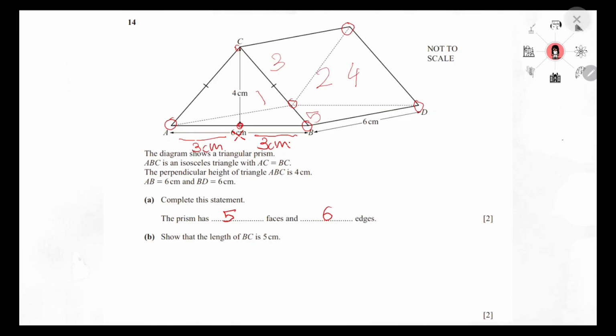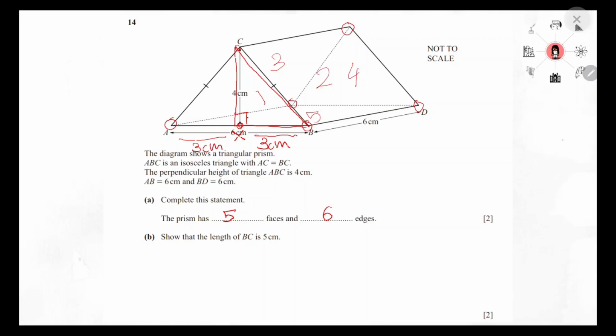Alright, so if we take triangle BXC, this triangle here, we already have CX, which is 4 centimeters, and we have BX, which is 3 centimeters, and as you can see, this is a right-angled triangle.